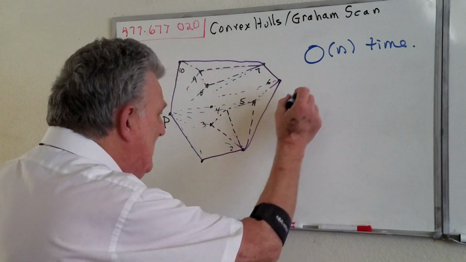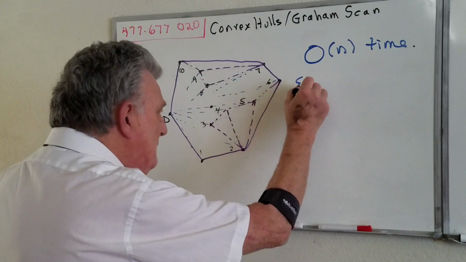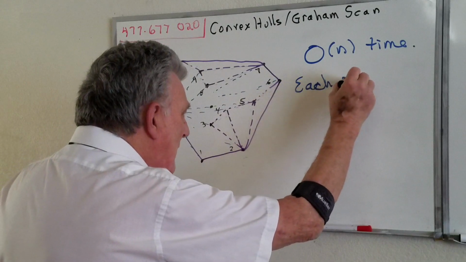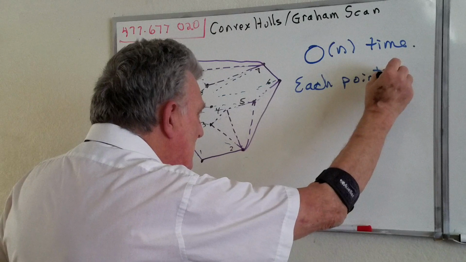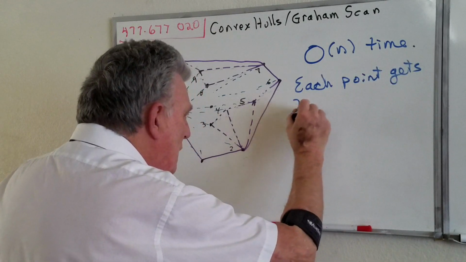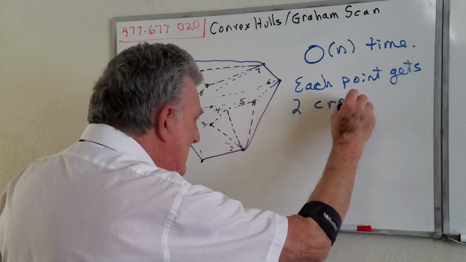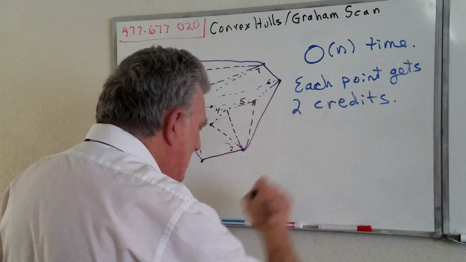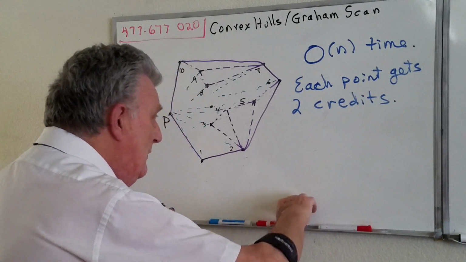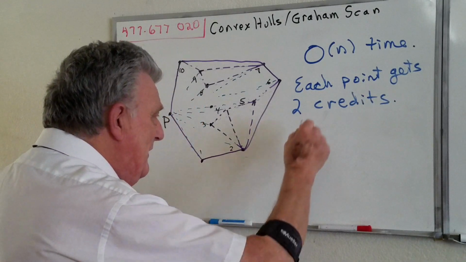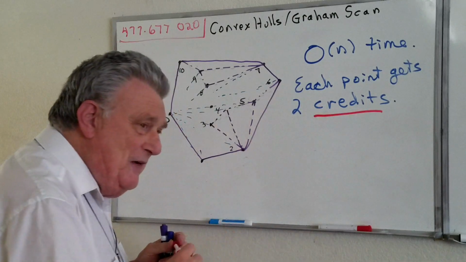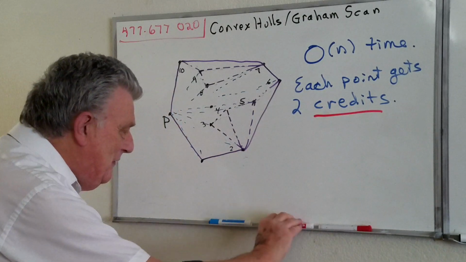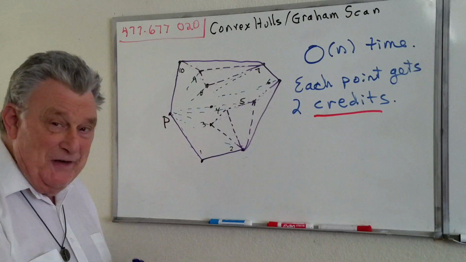So what happens is this. Each point gets 2 credits at the beginning. Now, credits are this imaginary kind of money from, I guess, science fiction stories. They're always using credits on some other planet.